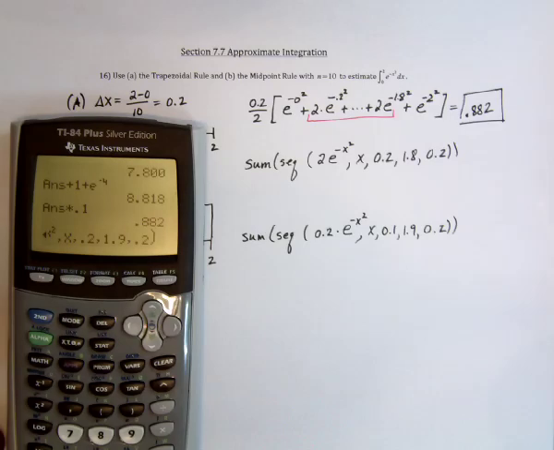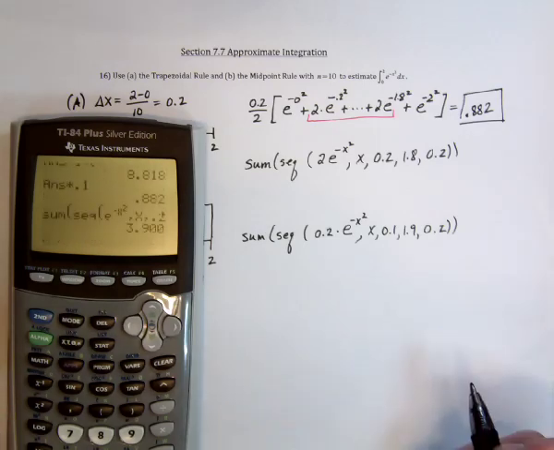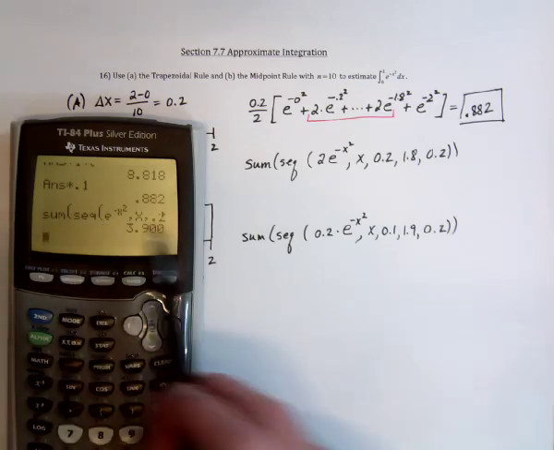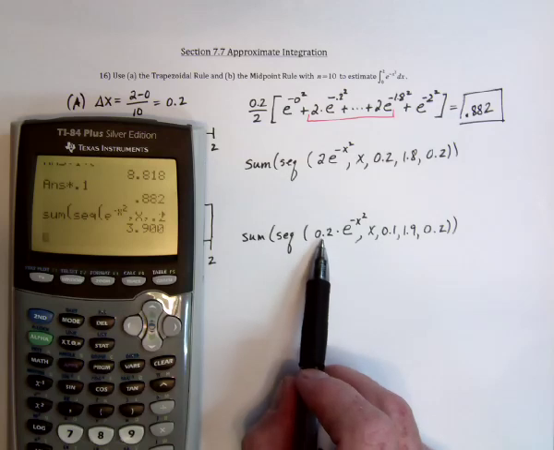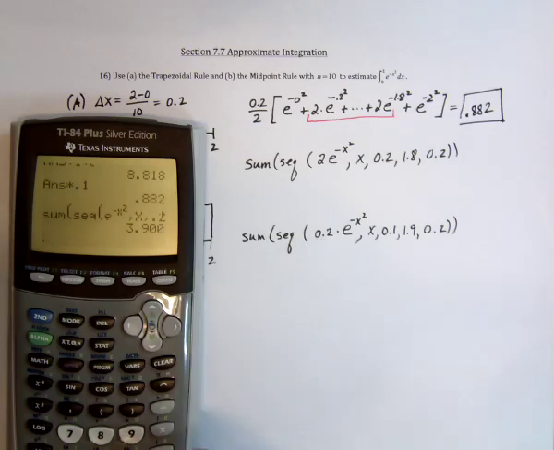And then the answer should be pretty close to 0.882. Oh, there's a problem. As you can see right here, I forgot to type in the 0.2. That means everything is supposed to be multiplied by 0.2.